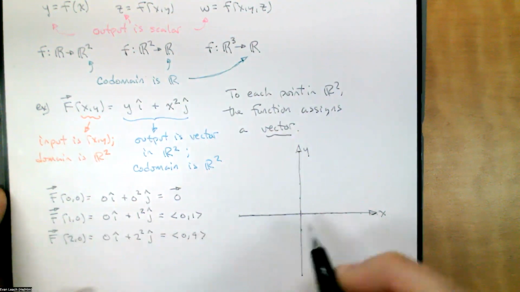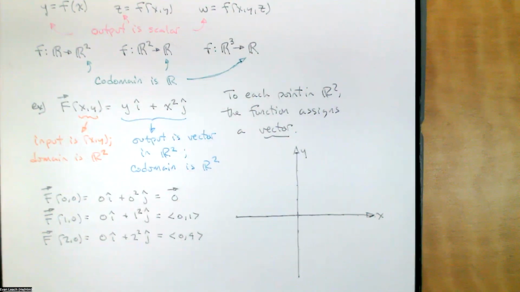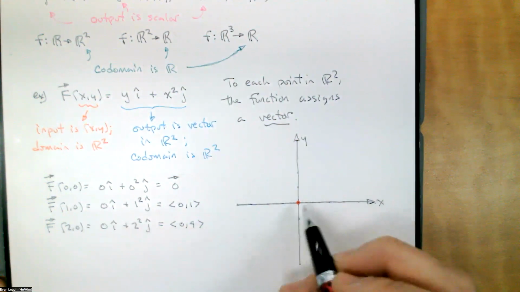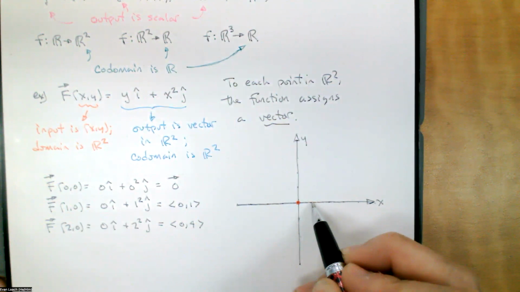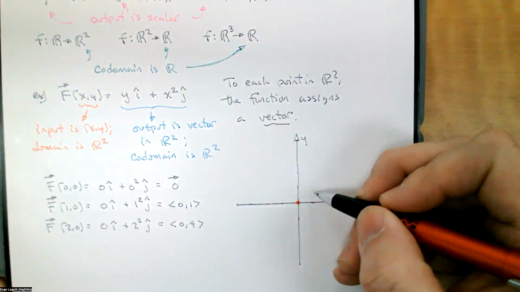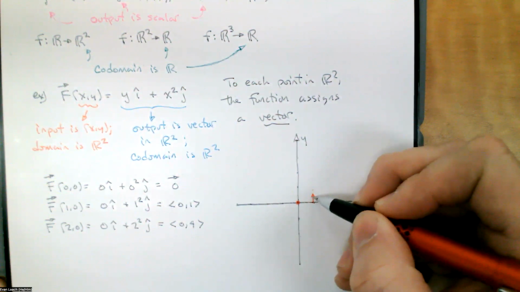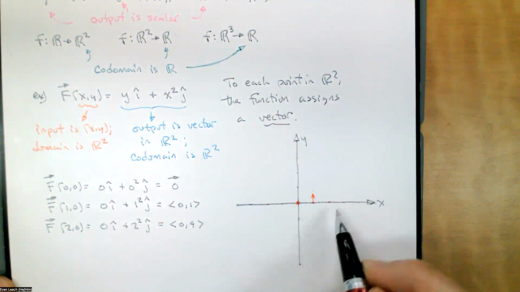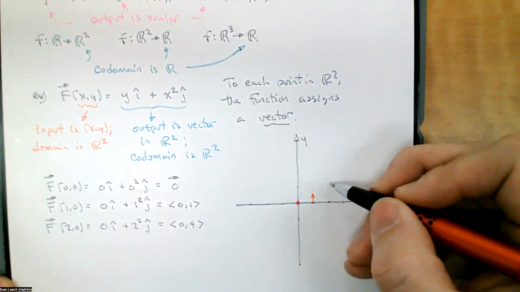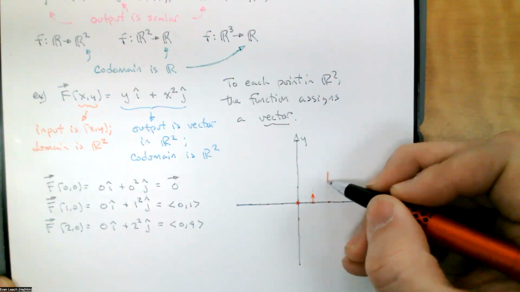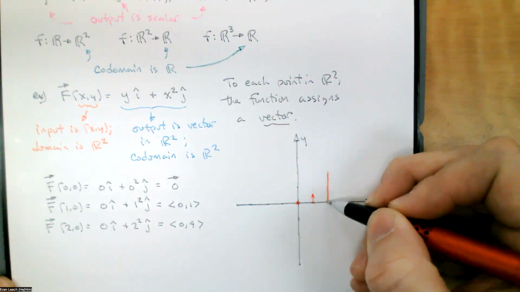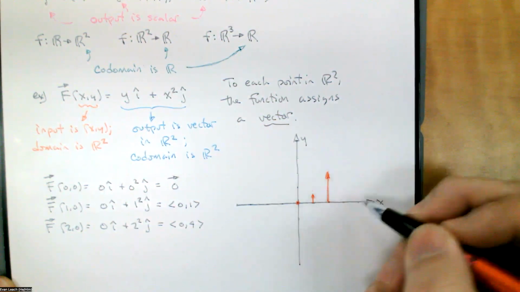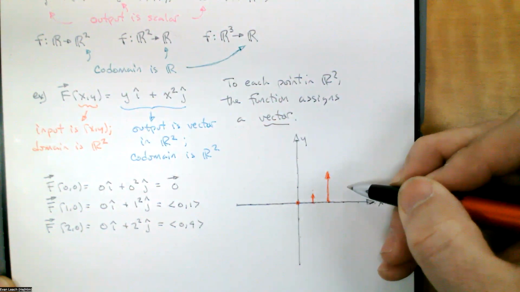At the point 0, 0, I plot the vector 0. At the point 1, 0, I plot the vector 0, 1. At the point 2, 0, I plot the vector 0, 4. At the point 0, 3, I plot the vector 0, 9.